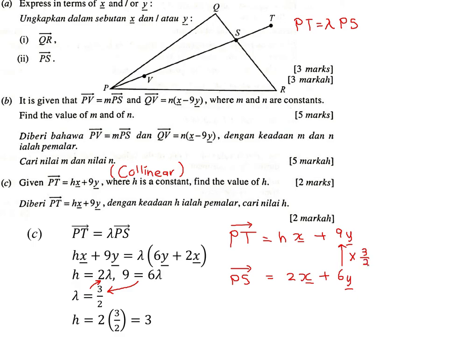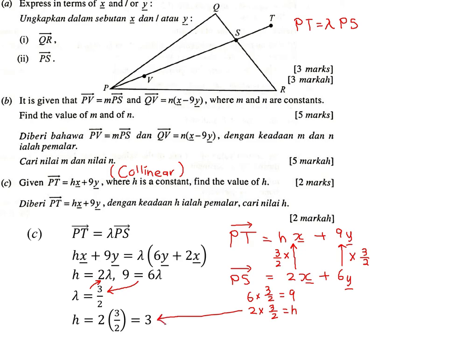You can just press calculator 9 divided by 6. So with that, we also understand that from 2 becomes h, we just have to multiply with 3 over 2. So that's why in your working step, you can also write in this way. 6 times 3 over 2 give you 9. So with this, we can make another conclusion that 2 times 3 over 2 give you h. That will give you the answer h is equals to 3.